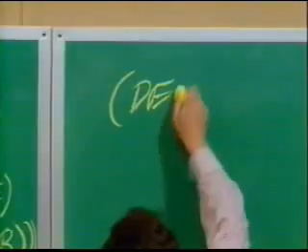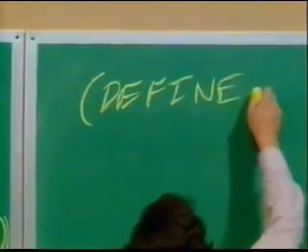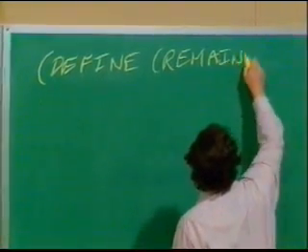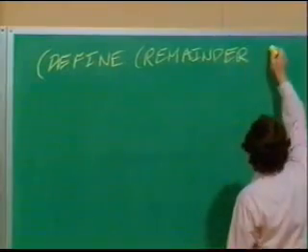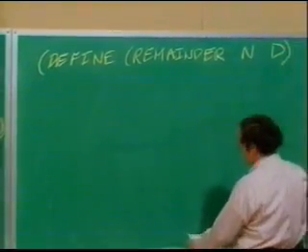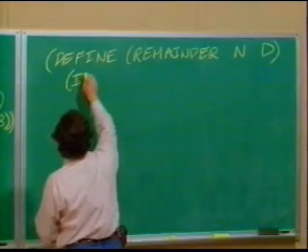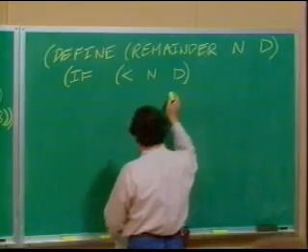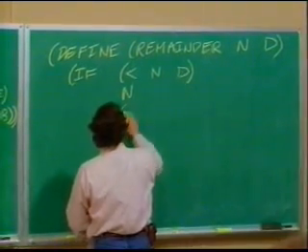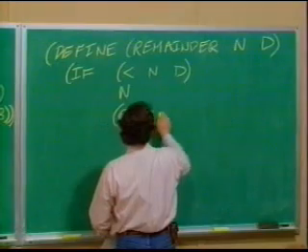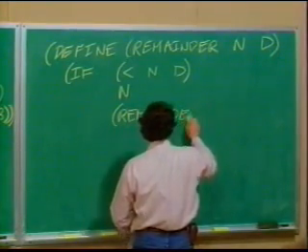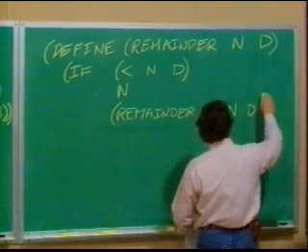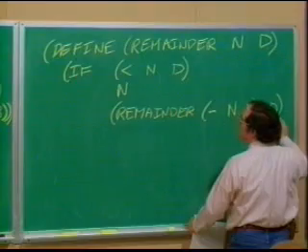So the remainder of n divided by d is nothing more than: if n is less than d, then the result is n. Otherwise, the remainder when we subtract d from n, with respect to d, when divided by d.